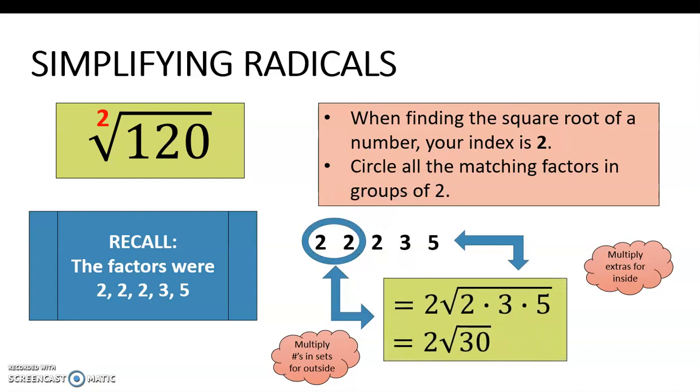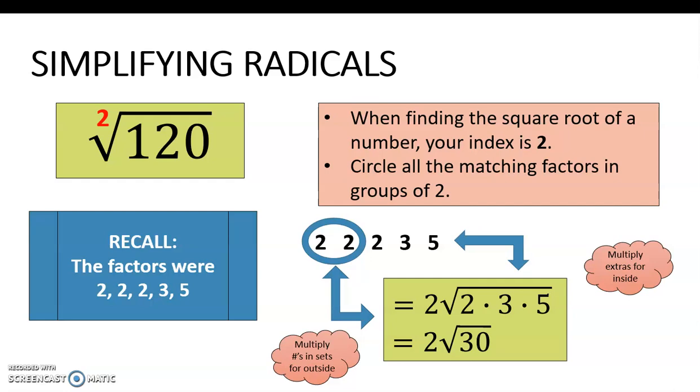So my sets of 2, I have one set, I put that on the outside, I do my 2 times 3 times 5, and that gives me 30. So the square root of 120 simplifies to 2 times the square root of 30.